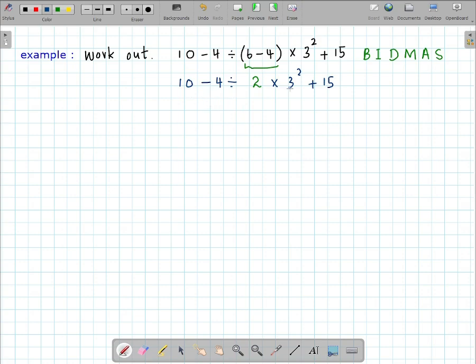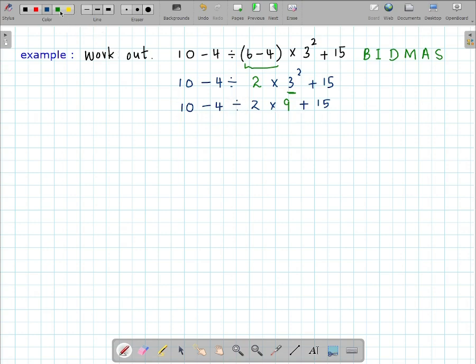Now you can see here indices. So I write 10 subtract 4 divided by 2, multiply, and 3 to the power 2 is 9, add 15. Now according to BIDMAS, we have division here.